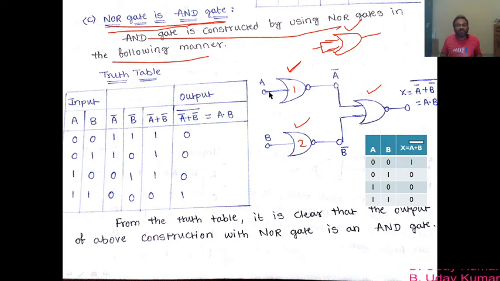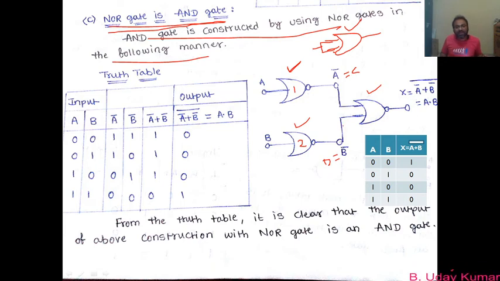So since its input is A, we get the output of this first NOR gate as A bar, and since I have taken the input of the second NOR gate as B, its output will be B bar. For convenience, let us take this A bar as C and B bar as D.